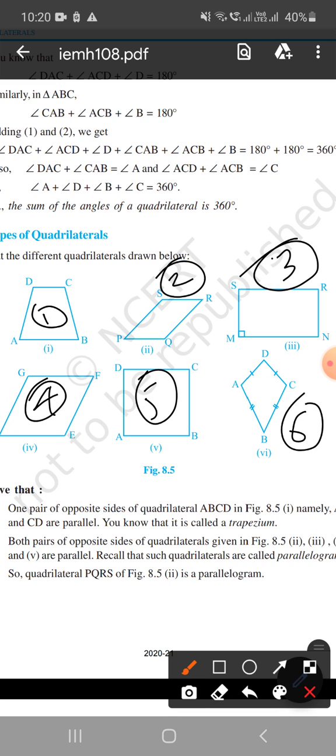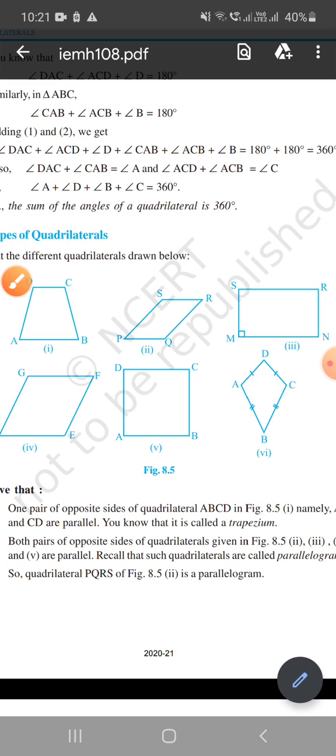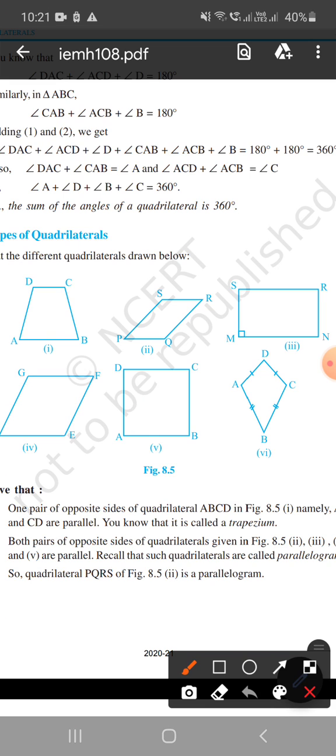Third is a rectangle, which is a type of parallelogram having each angle equal to 90 degrees and opposite sides equal. In a parallelogram also opposite sides are equal, that means side SR will be equal to PQ and QR will be equal to SP. So a rectangle is a type of parallelogram having each angle equal to 90 degrees.